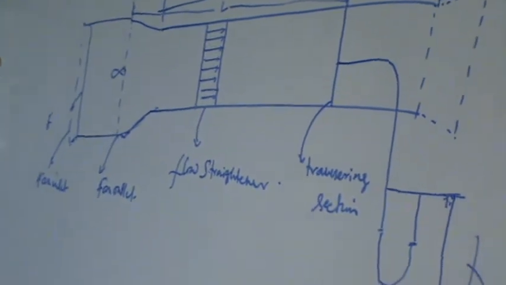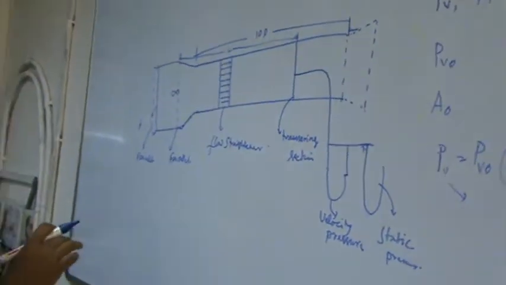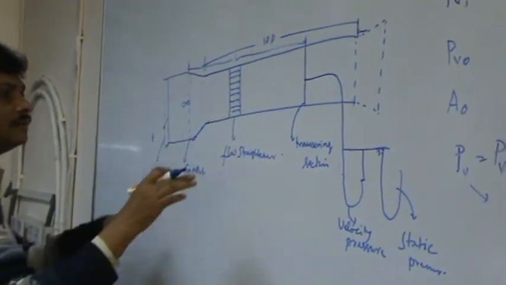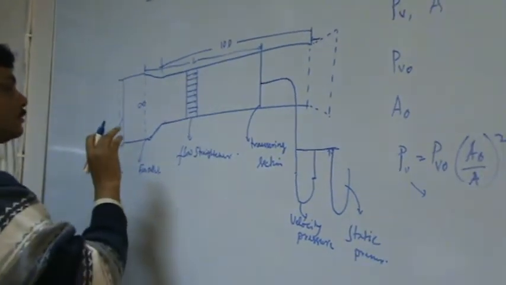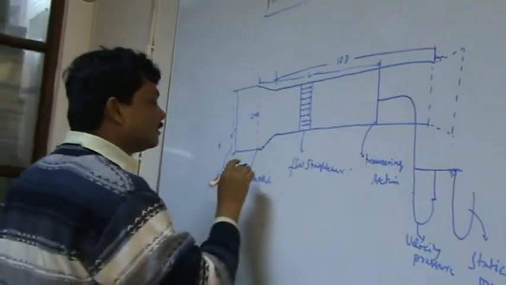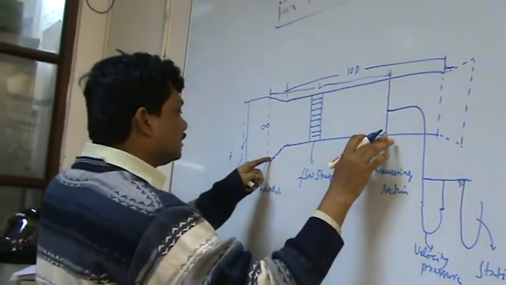Now let us see how we can find out the frictional pressure loss from this section to this section.